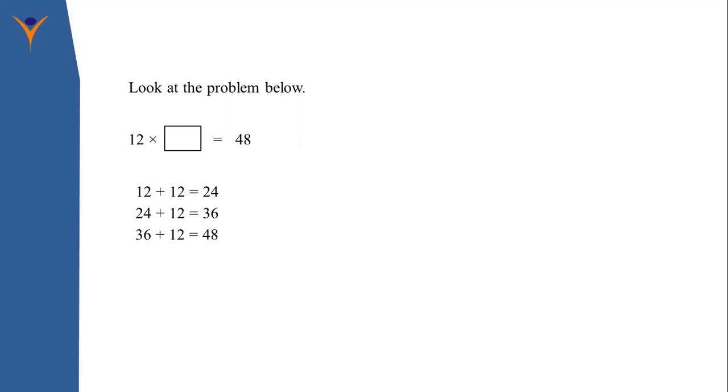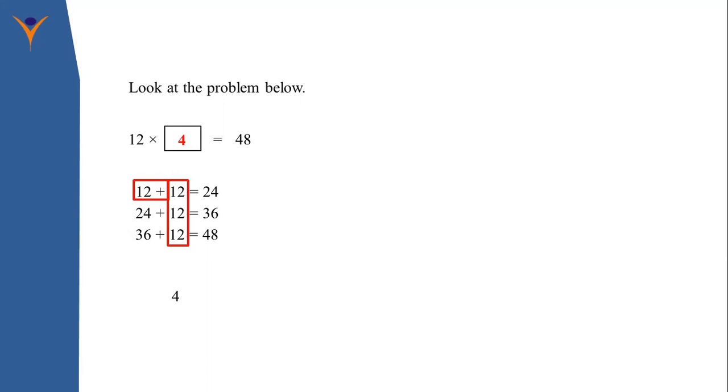And then if you look at the question, on the other side of the equality sign, we have 48. Since we have added up to 48, we now go and count the number of 12s that we have. So there you see, we have 4 12s. That means the missing number from the square is 4. That is quite easy.